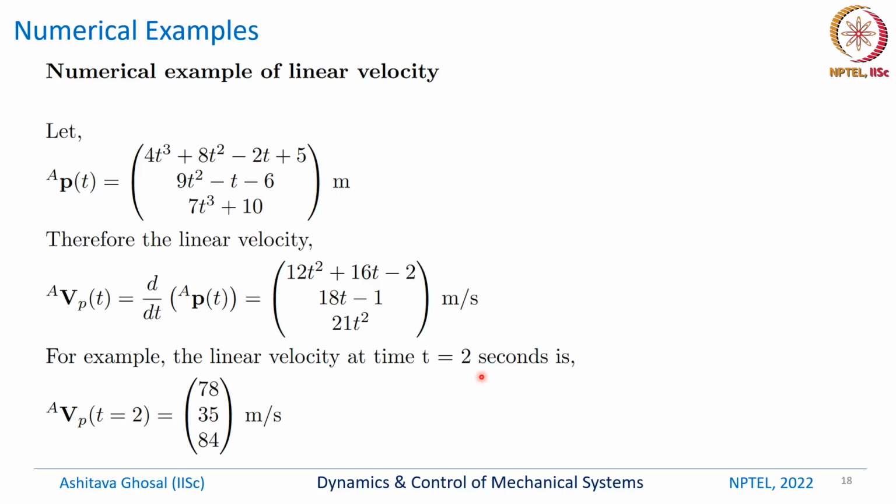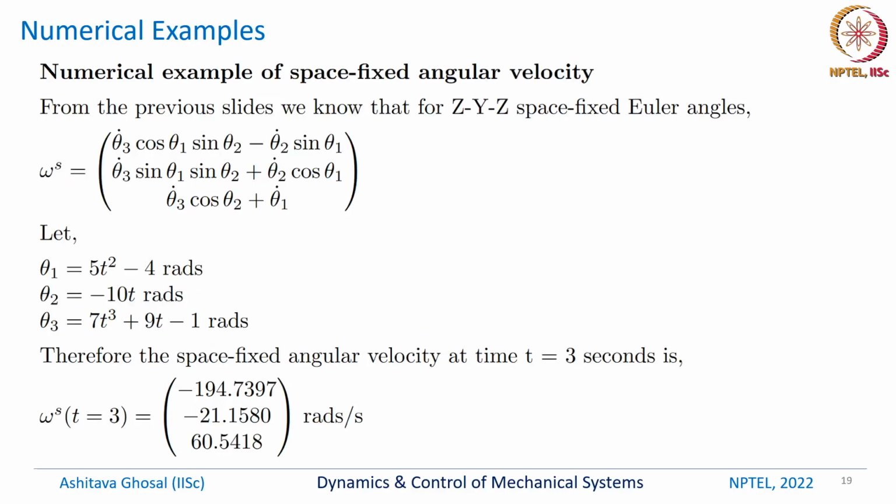Okay, so if you want to evaluate the linear velocity at any time, let's say at t equals 2, you can just substitute t equals 2 and we'll get these numbers. The basic idea here is that if you give me the position vector as a function of time, I can find out the linear velocity very easily just by taking derivatives of each of the components.